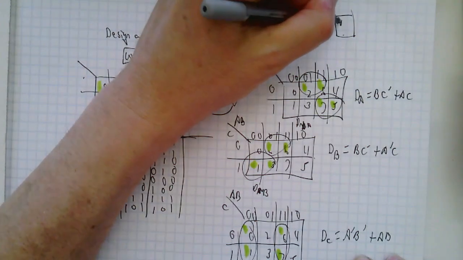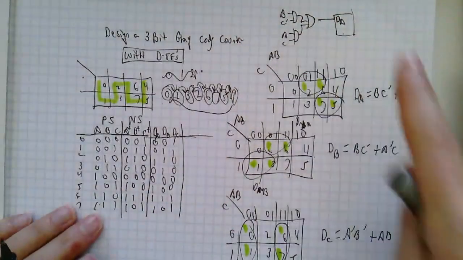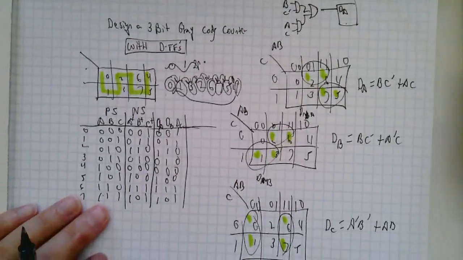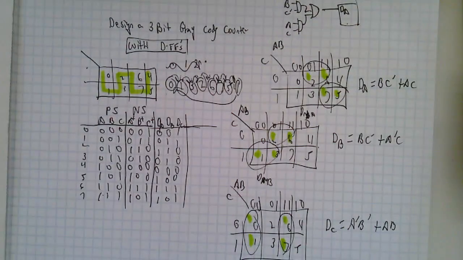So that implements this, and then you have to write the implementation for the other two. And that gives you an implementation for the gray code counter. And that's how you do that.